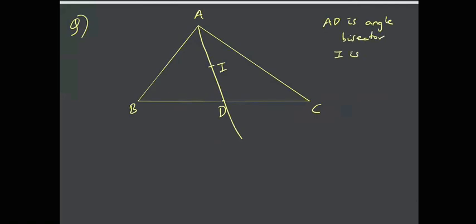You need to find the ratio AI over ID in terms of a, b, c. That is, AB is equal to c, AC is equal to b, and BC is equal to a. So you need to find AI over ID in terms of a, b, c.